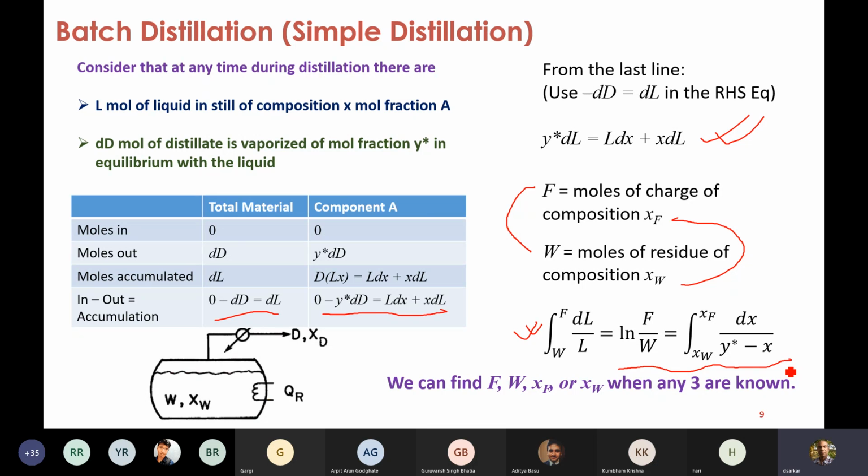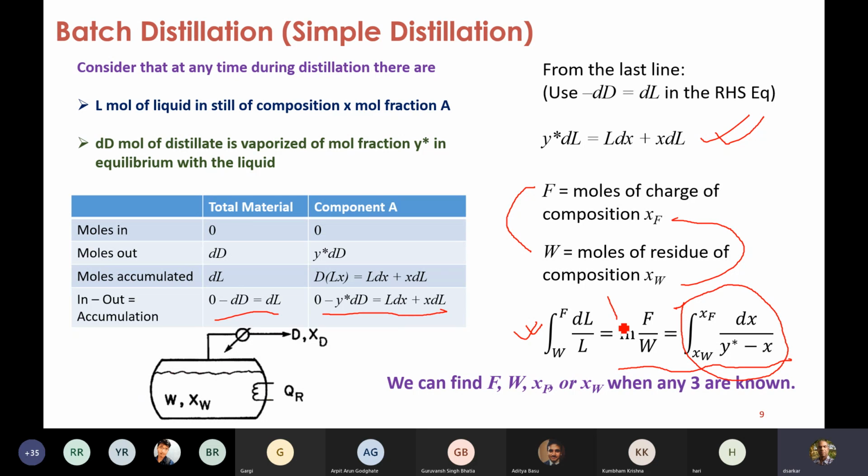So if you look at this equation, see this y star and x are related by the equilibrium relationship. So if you are talking about acetone and water binary mixture, the equilibrium relation between acetone and water will give you this y star versus x, and that data can be used to find out this integral. This integration can be done both graphically as well as numerically.